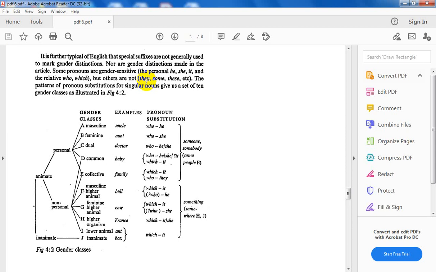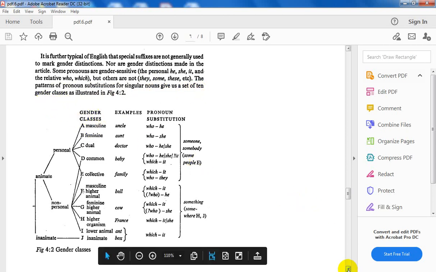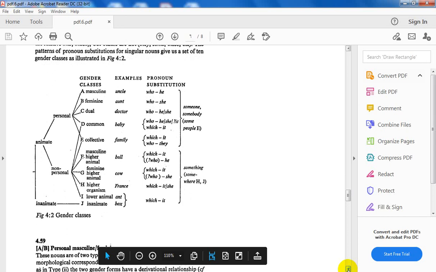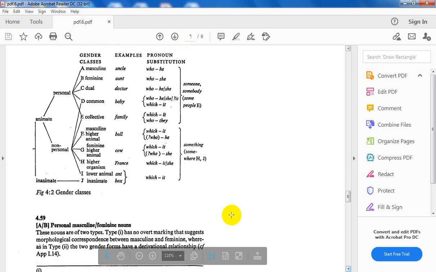The same thing with some of these. The patterns of pronoun substitution for singular nouns give us a set of ten gender classes. Look at these gender classes. They are very practical and useful. Generally speaking, gender can be animate and inanimate, عاقل وغير عاقل, or we say living or non-living.